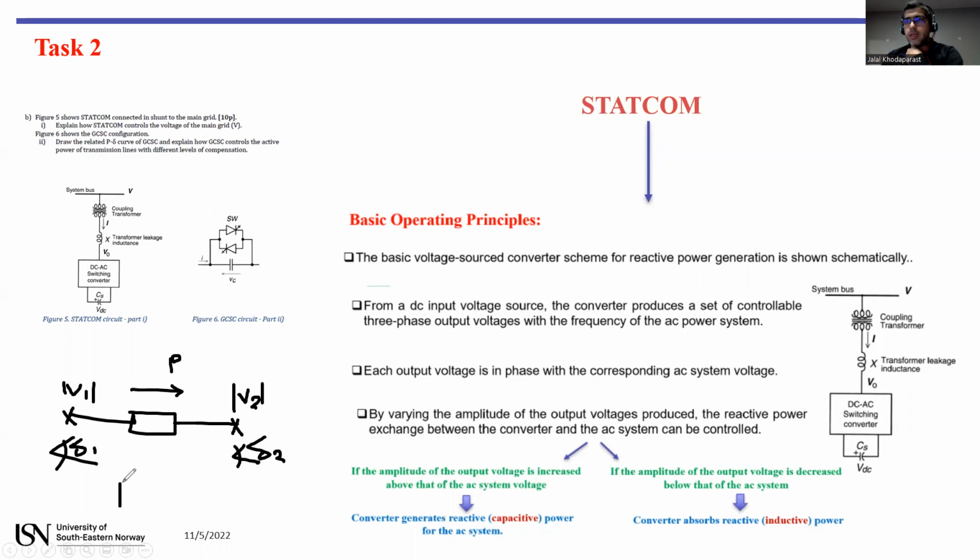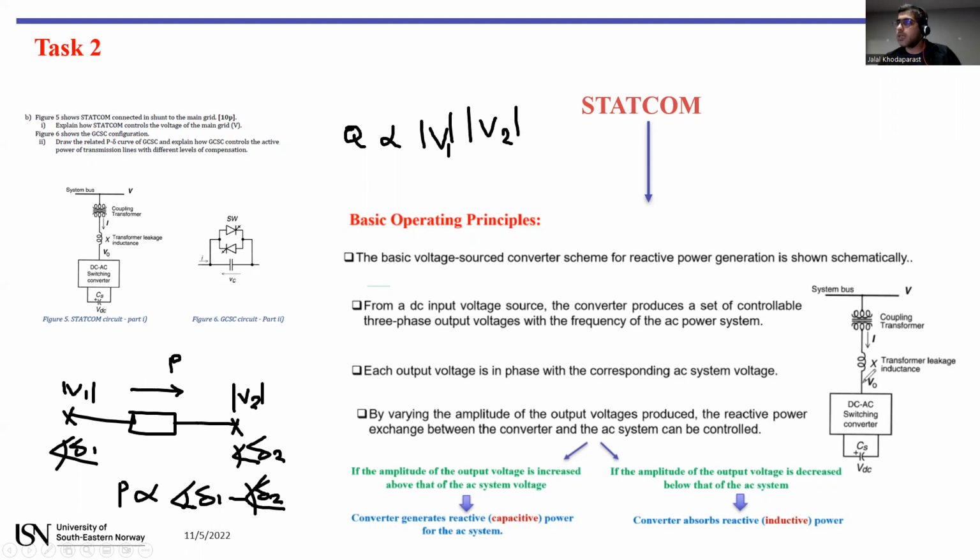We know that active power exchange between two points is proportional to the angle difference, delta 1 minus delta 2. And the reactive power is proportional to the amplitude of voltage on both sides.